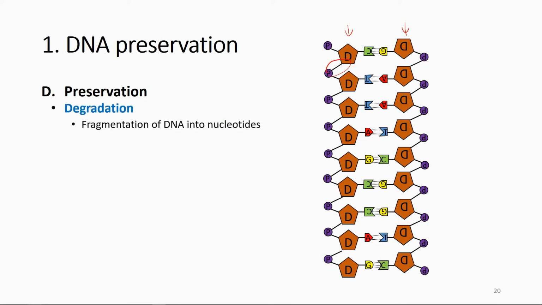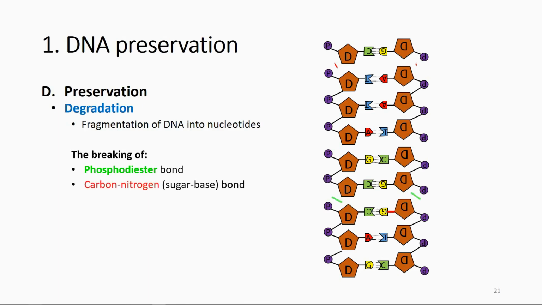For DNA degradation, it refers to the fragmentation of the DNA molecule into nucleotides. That means this phosphate bond disappears, it's damaged. Or the carbon-nitrogen bond, which is this one.